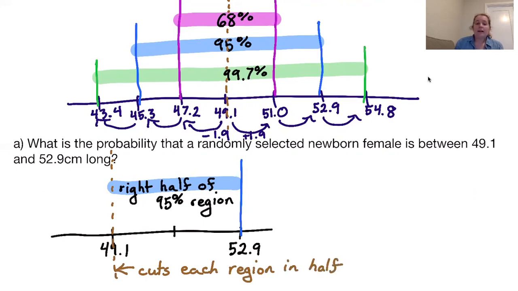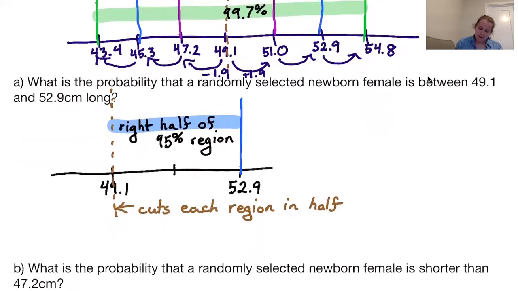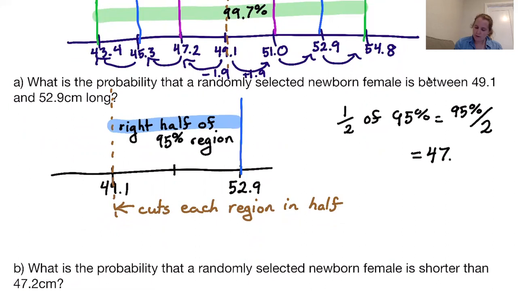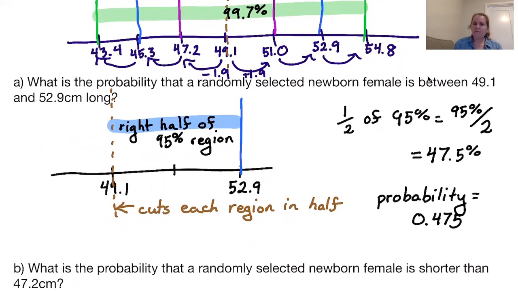So if we were looking at the right half of the 95% region, then we are looking at half of 95%, or 95% divided by 2, which is 47.5%, or as a probability, this is 0.475.